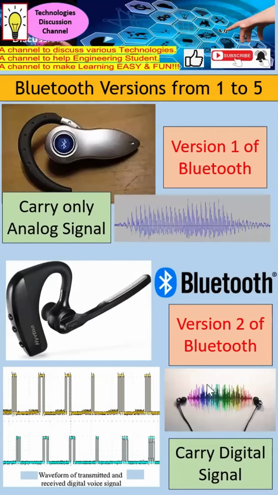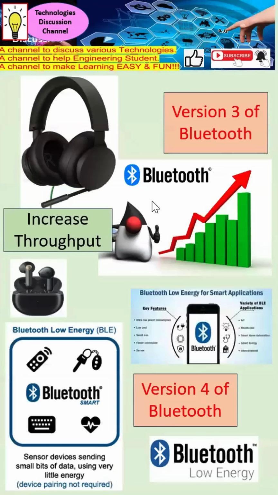As for version 3, because the music is getting more sophisticated, which means that we are going to need more throughput because the music data actually increased drastically. Okay, the music has so many different bass, and then it moved on into stereo. So therefore, version 3 of Bluetooth is to increase the throughput because a lot of applications actually require more and more data.